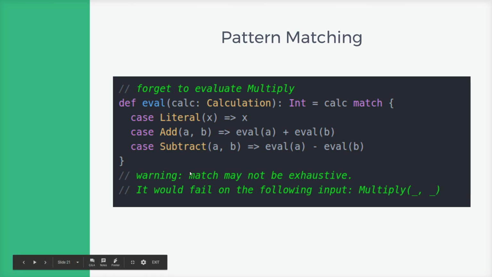And we are getting a warning from the compiler because the matching is not exhaustive, because we are missing the multiply case, and it's telling us that it will fail when calc is equal to something with multiply and two placeholders, because anything that is in multiply will make this eval method fail.